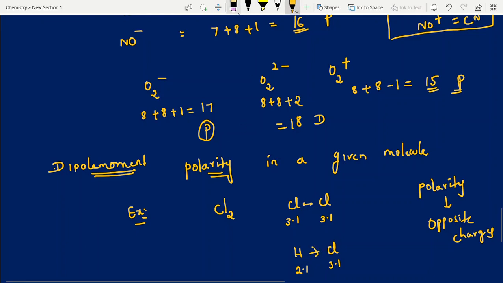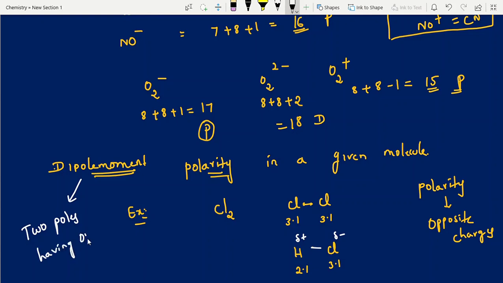What happened here? A partial negative charge developed on chlorine, and this is a partial positive charge on hydrogen. This is what we call dipole moment. Simply you can remember: two poles having opposite charge. It is not the exact definition, but to understand easily I am telling you, two poles having opposite charge.